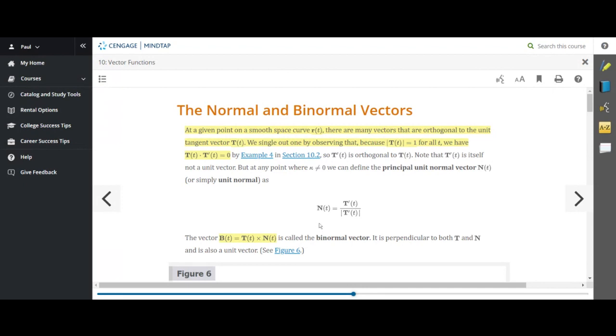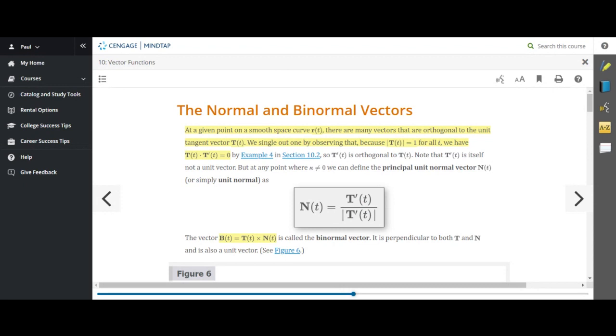Now, why would that be useful? Well, we can define what's called a normal vector. Normal usually stands for perpendicular, a synonym for perpendicular.